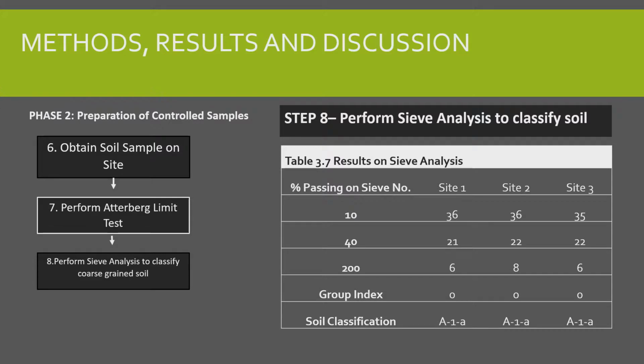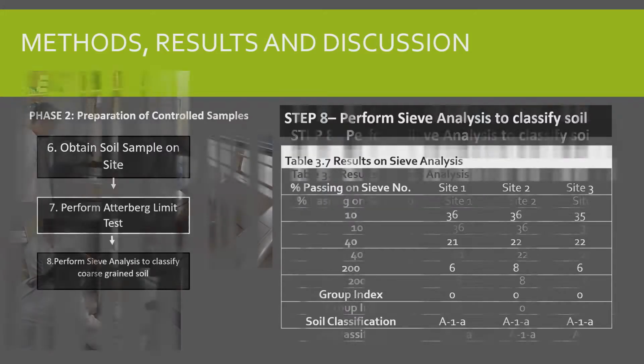According to the sieve analysis, Site 1 soil classification is A-1-a, Site 2 soil classification is also A-1-a, and Site 3 classification is also A-1-a, which generally says that the soil in San Miguel is most likely composed of an A-1-a soil type.